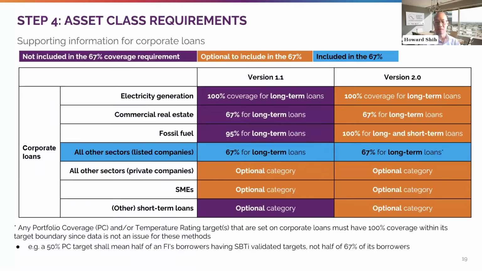So that's a total of around $2,300. And then under version 2, FIs can now meet the coverage requirements if they just cover 67% of that $3,000. That would be, I think, just over $2,000 of all loans. And that is as long as their targets cover $950 of fossil fuel and $670 of real estate as well. So with that, maybe we'll move to the next slide.